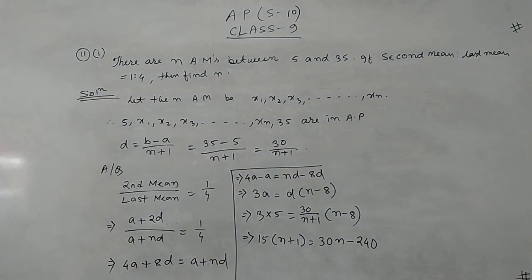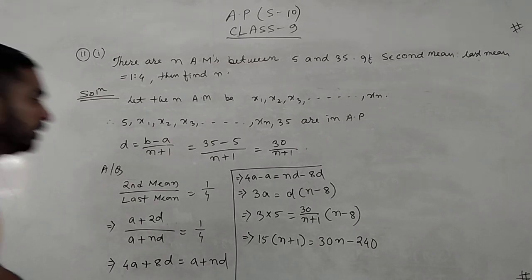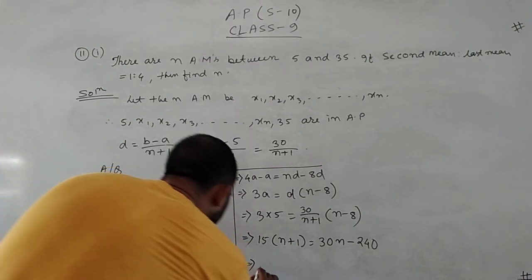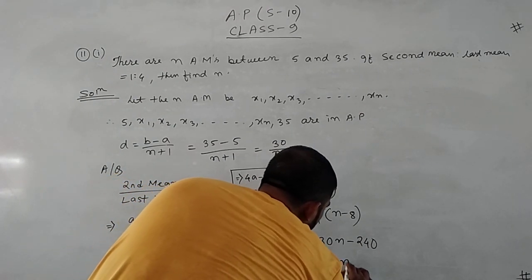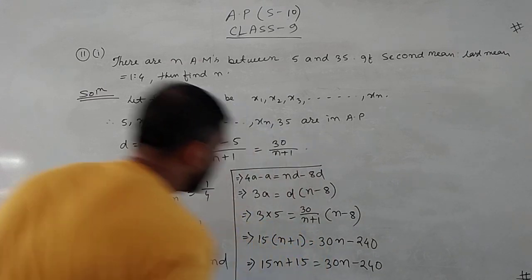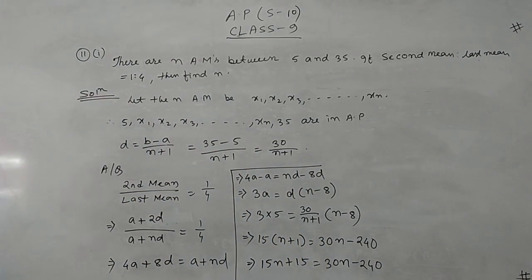So now 15n plus 15 equals 30n minus 240.